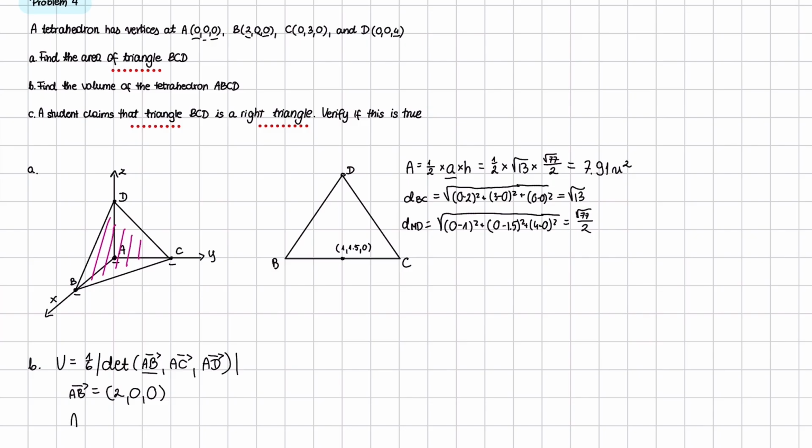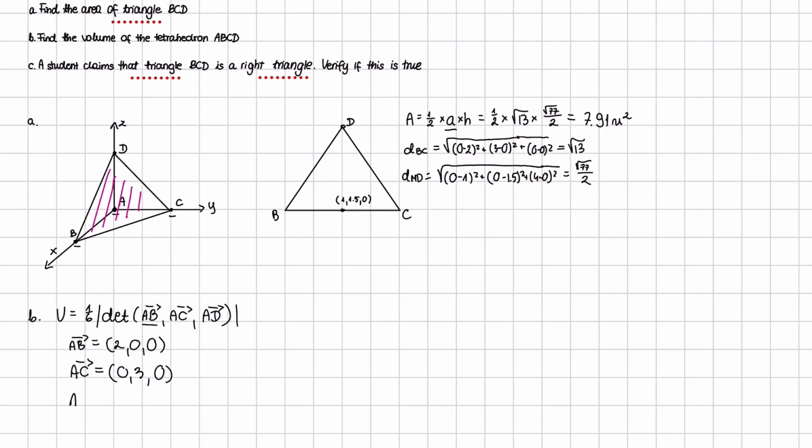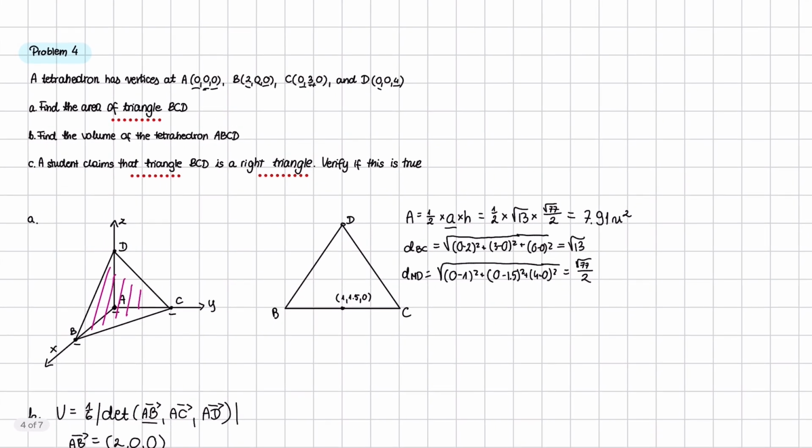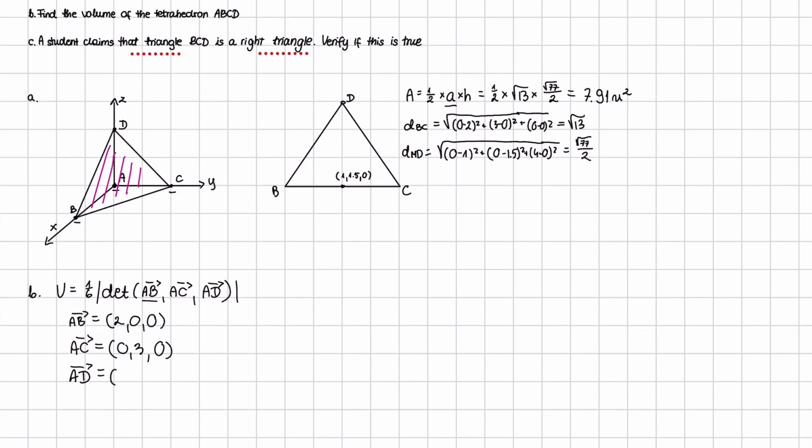Then we have AC, so 0 minus 0, 3 minus 0, and 0 minus 0, and AD, 0 minus 0, 0 minus 0, 4 minus 0, so 0, 0, 4.